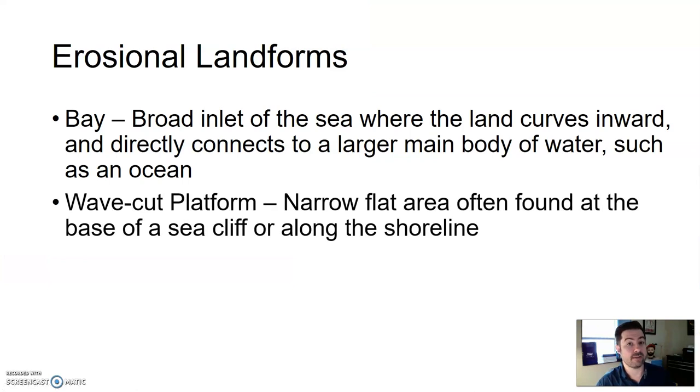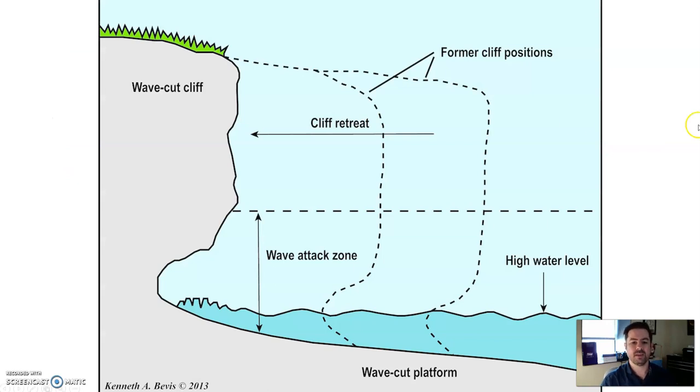And then we have wave-cut platforms. This is a narrow, flat area often found at the base of a sea cliff or along the shoreline, and usually is where you have a good amount of tidal range. So as the waves cut in and hit these harder, more resistant rocks, they'll eat away at the bottom of them. And as they do, the larger face will fall off, and then the cliff just retreats and retreats and retreats.